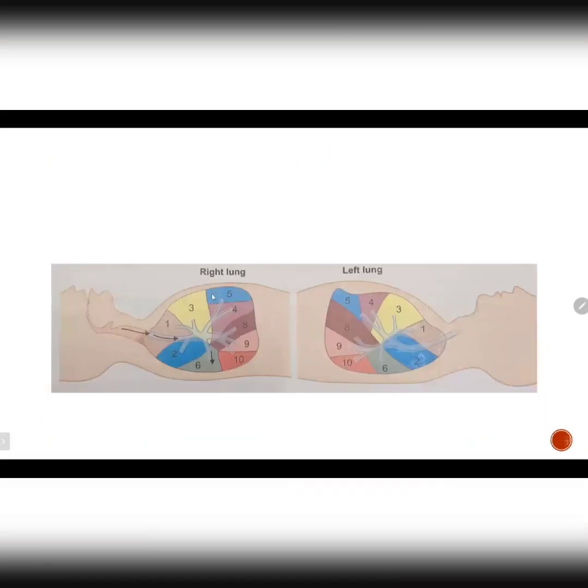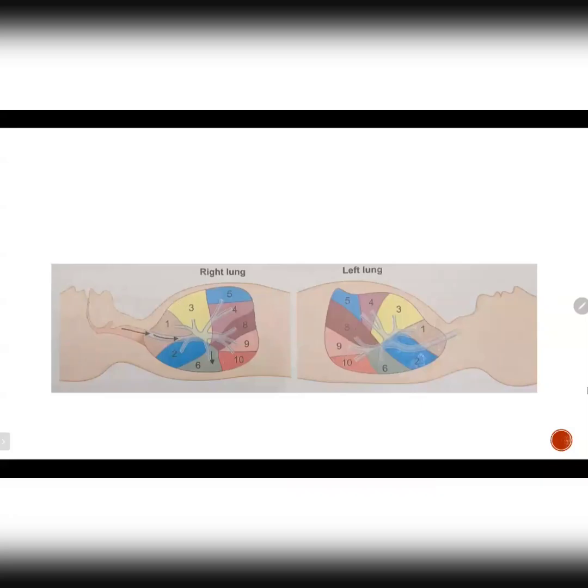Now, what is the shape of a bronchopulmonary segment? Just look at this bronchopulmonary segment 3 in the right lung. Can you tell me the shape of a single segment? Conical. Yes, conical. Conical in shape, the apex is pointing towards the hilum of the lung and the base is pointing towards the costal surface.